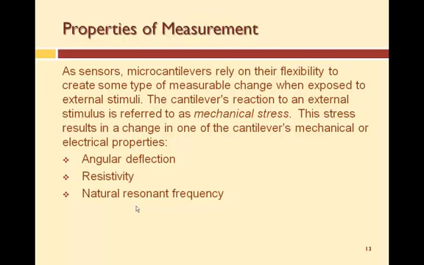And another way to measure what's going on is, we talked a little bit about this before the lecture. If you add mass to a diving board, if a larger person's on the diving board, it'll vibrate slower than if a smaller person is on the diving board.